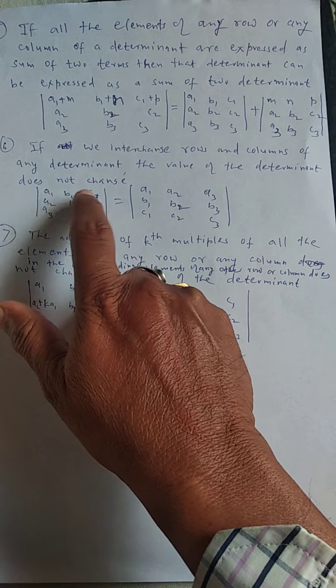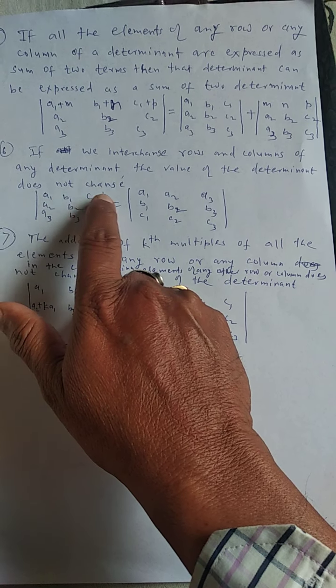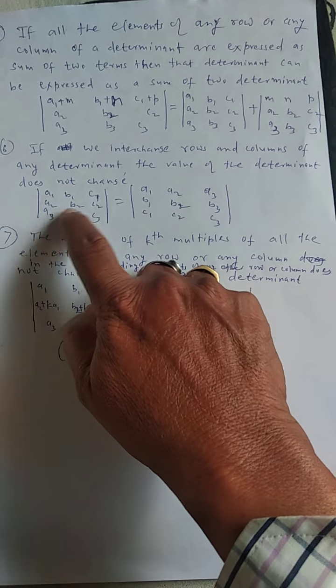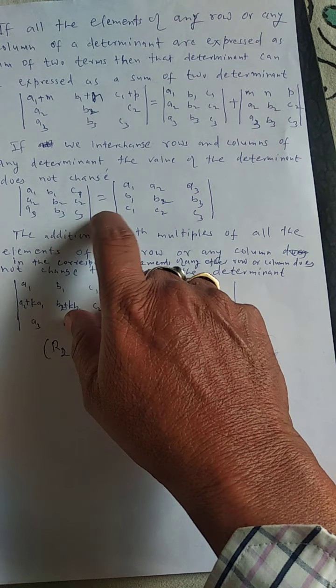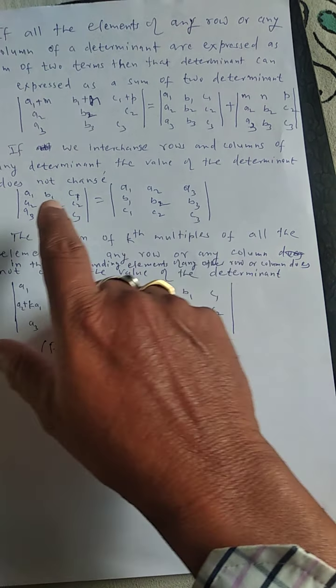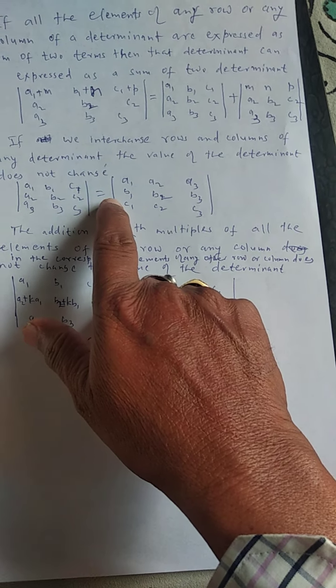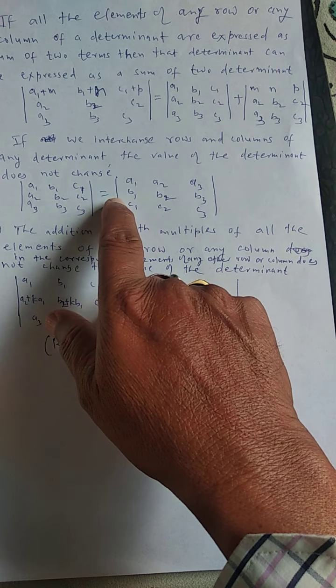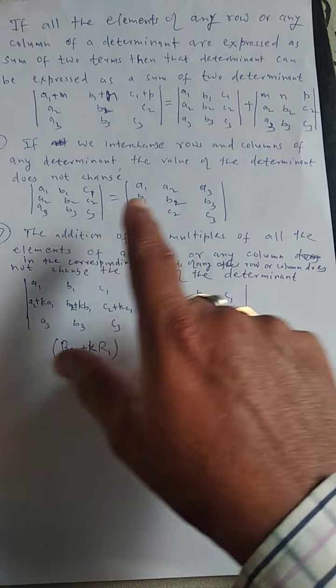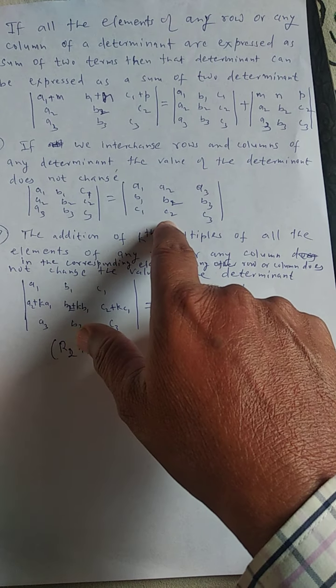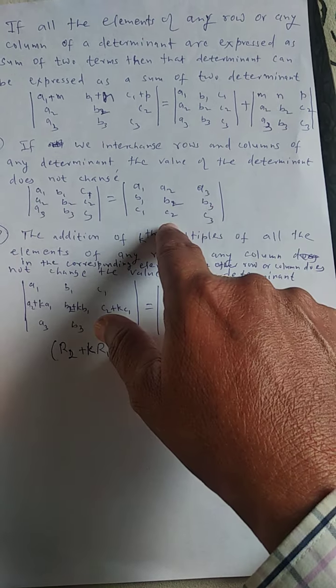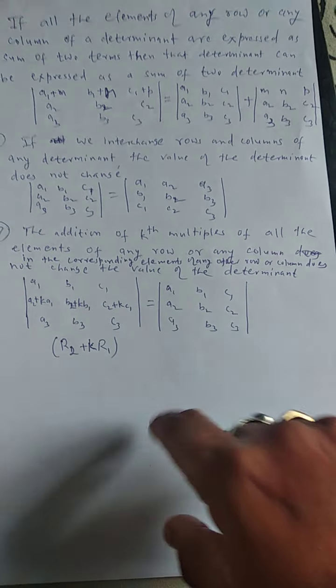If we interchange rows and columns, meaning the first row becomes the first column, the second row the second column, and the third row the third column, then the values of this determinant and that determinant are equal. There is no change in the values. You can also verify this property by taking your lucky numbers or figures.